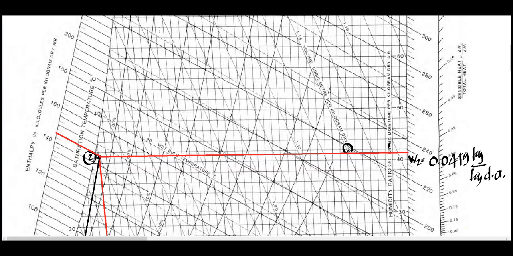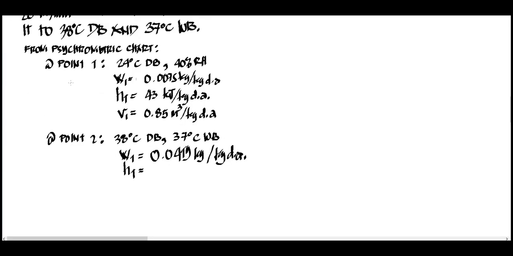So we have the value of your enthalpy 2 is equal to, so this is 140, in the middle is 150, so this is 145 kilojoule per kilogram dry air. So that will be 145 kilojoule per kilogram of dry air.